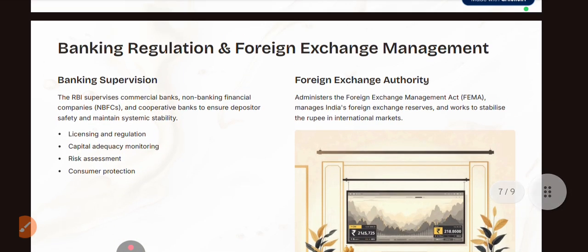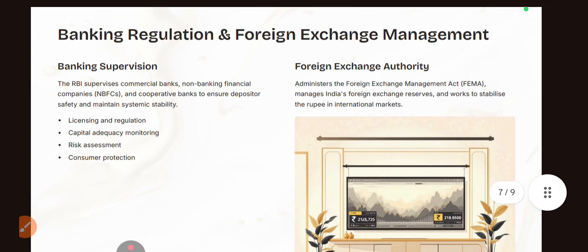The next is banking regulation and foreign exchange management. First, let us see banking supervision. RBI supervises commercial banks, NBFCs, and cooperative banks, and acts as the regulator of all these banks. If you want to do anything in a financial institution, bank or NBFC, you must take permission from RBI.